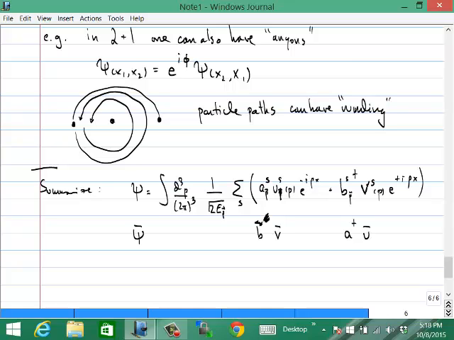Now, of course, with malice aforethought, I've chosen to call these operators A and B with daggers in the right places. I could, of course, define some other operator C, which is B dagger, and written this as a C here. Then I would have discovered that one of those C's and a C dagger lowers energy rather than raises energy.